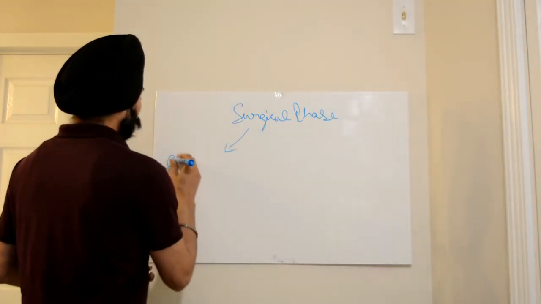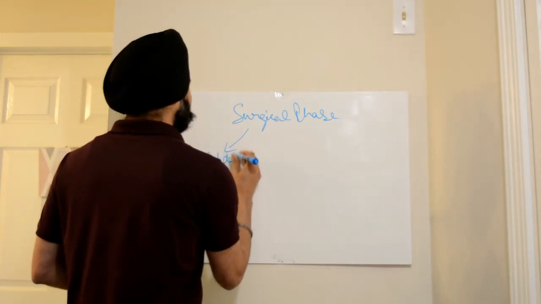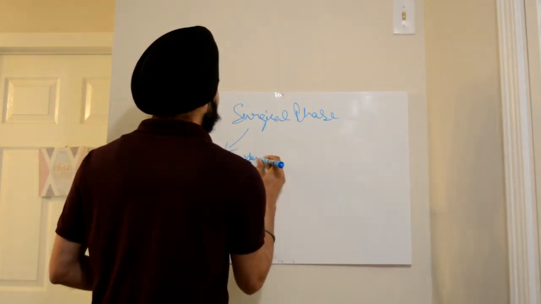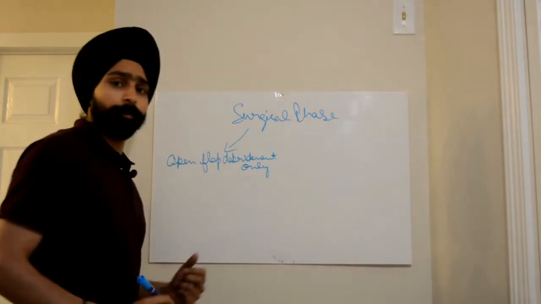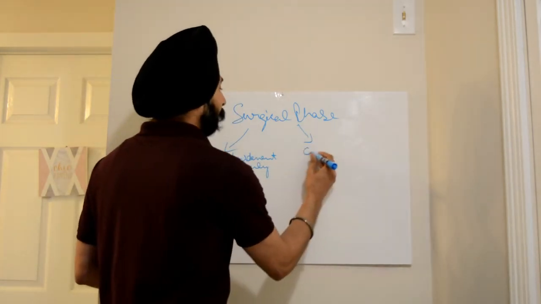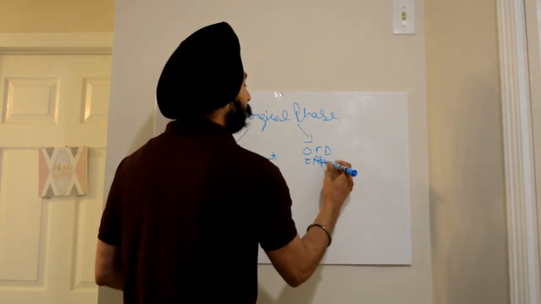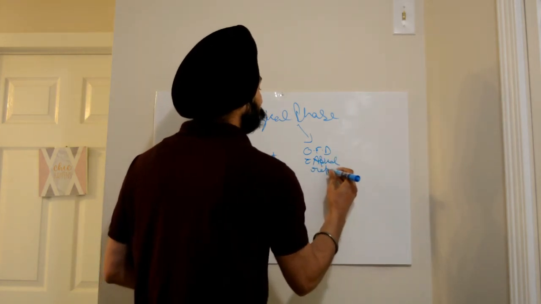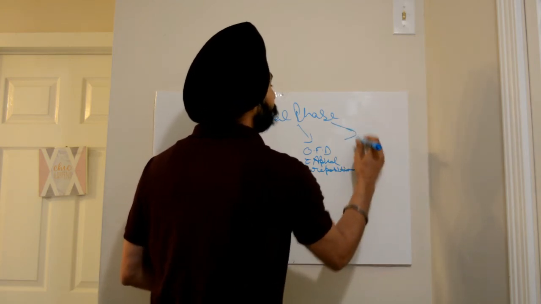One is open flap debridement alone. We can also call it modified Widman flap. Then is open flap debridement with apical repositioning. And third is distal wedge.